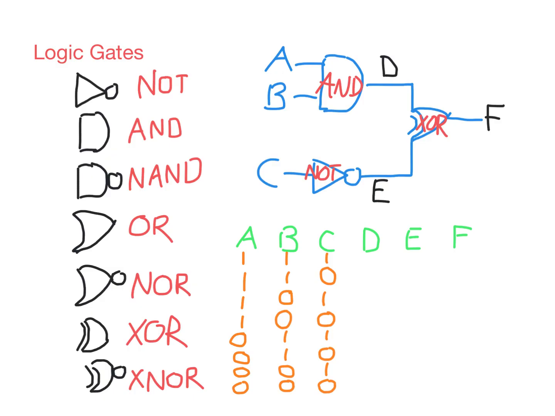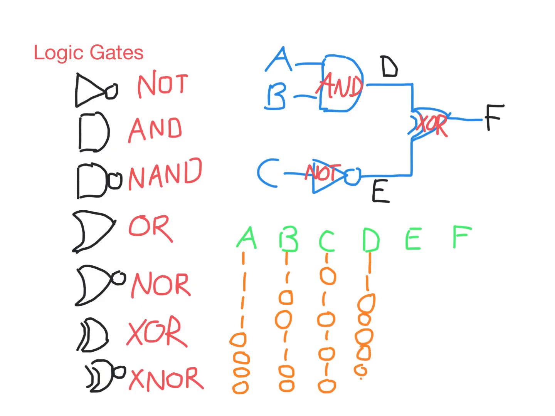Well, D is just A and B. That means A has to be 1 and B has to be 1. 1 and 1 is 1. 1 and 0, or 0 and 0, is 0. So D will be 1 here because A and B are 1. It will be 1 here because A and B are 1. And it will be 0 elsewhere.